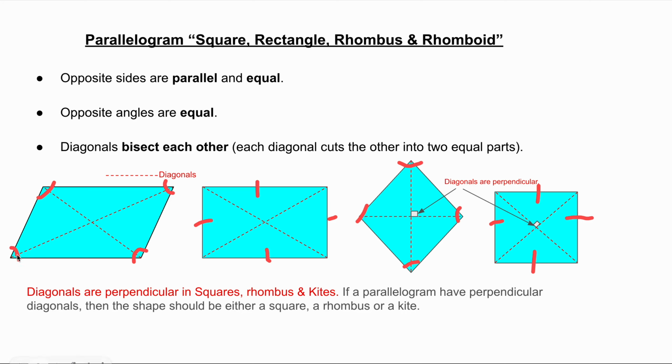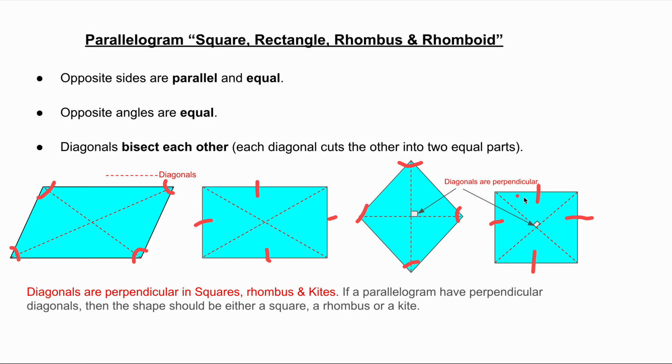This angle is equal to this angle. In a rectangle, it's evident that the four angles are 90 degrees and they are all the same. In the rhombus, because it has four sides that are exactly the same length, the four angles are also the same.